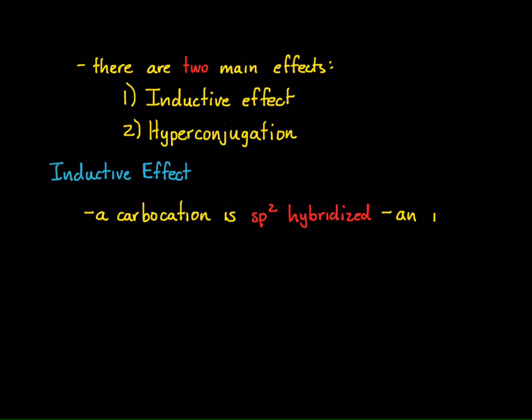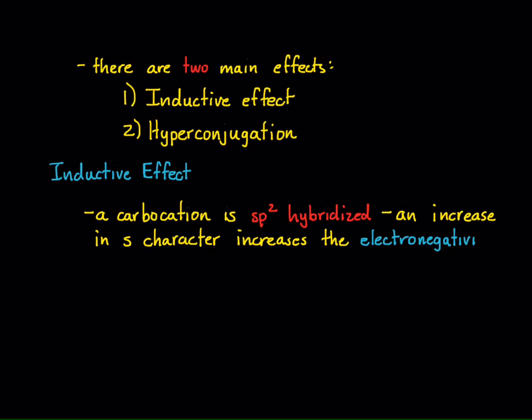Well, it means that we've increased the s character of that carbon, and hence we increase the electronegativity of that carbon. So when I think about a carbocation, here I have a methyl carbocation, and of course that carbon, relative to an sp3 carbon, I've increased the electronegativity of that carbon, and so it's going to try to withdraw as much electron density from sigma bonds as it possibly can.